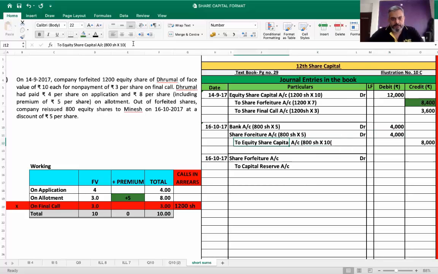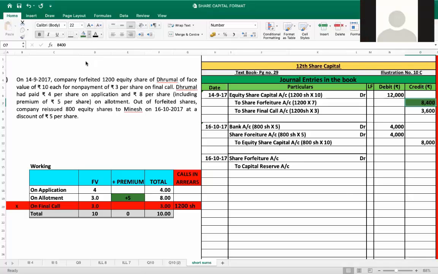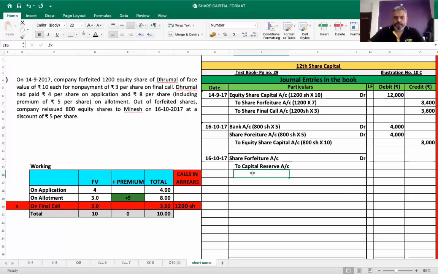Over here, the number of shares forfeited are 1200 and reissued are 800. So we cannot use debit minus credit method. So what we do is we do the working. So number of shares reissued is 800 shares into, we forfeited 7 per share.